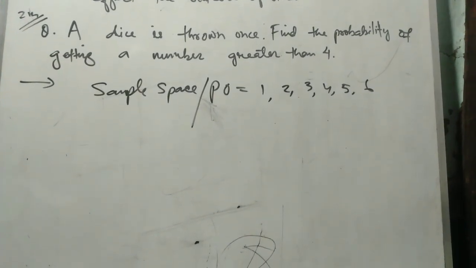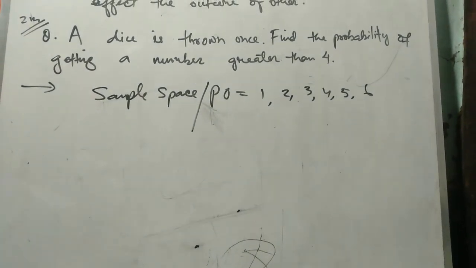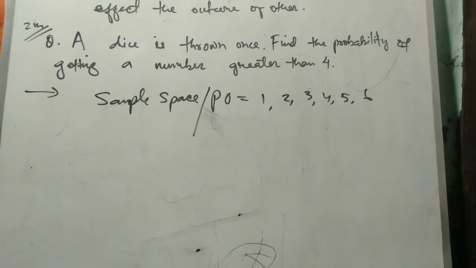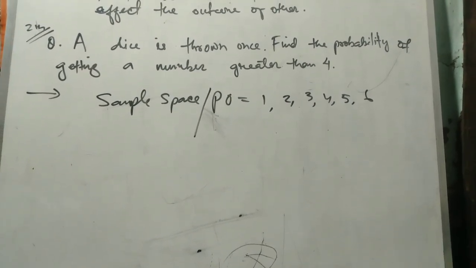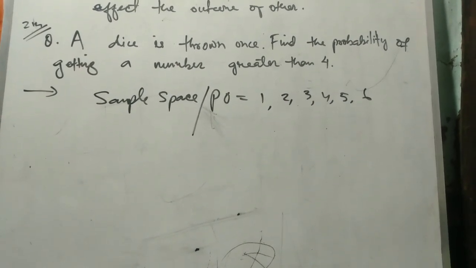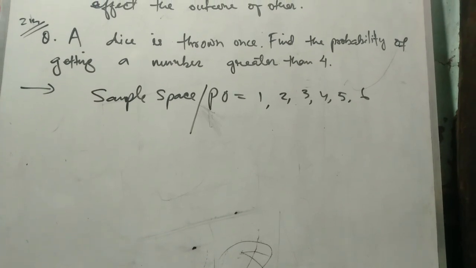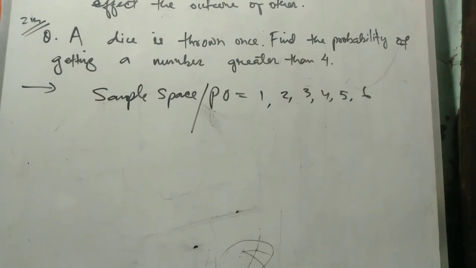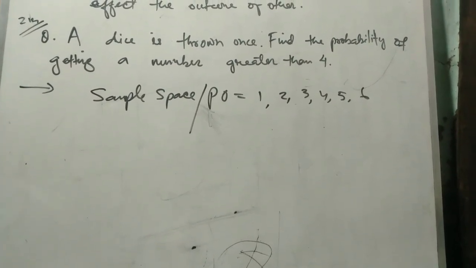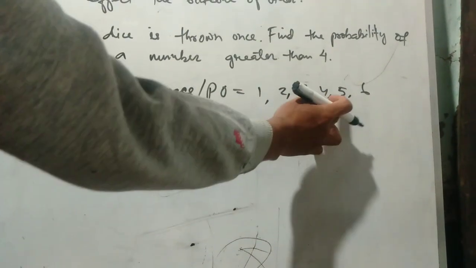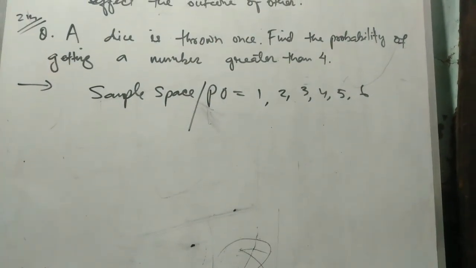The faces can show 1 dot, 2 dots, 3 dots, 4 dots, 5 dots or 6 dots. The numbers greater than 4 are 5 and 6.